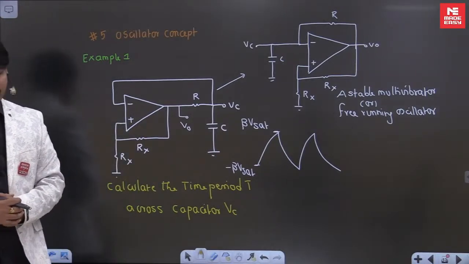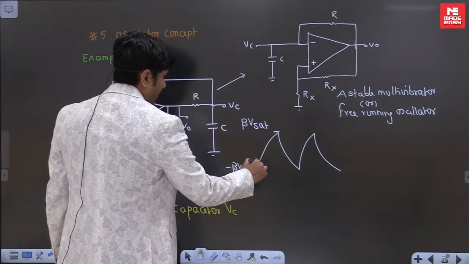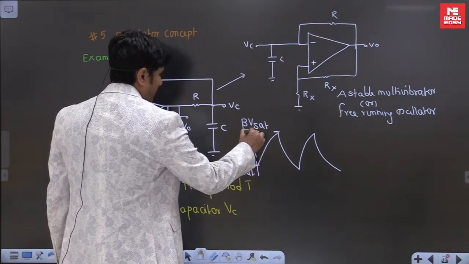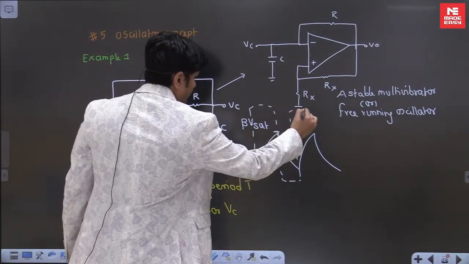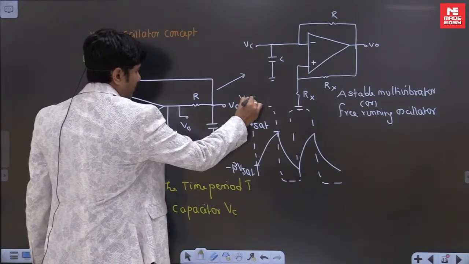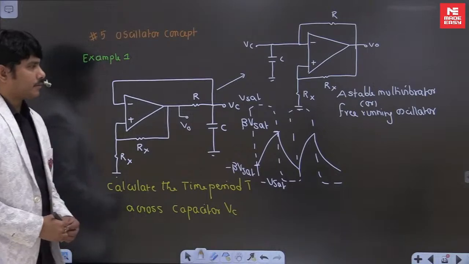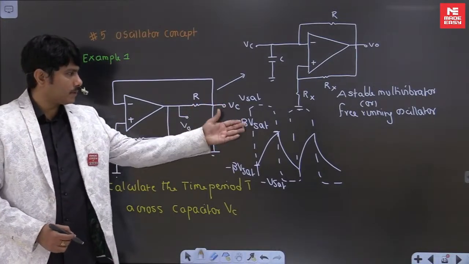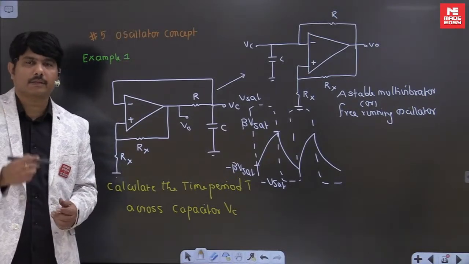Correct? If these two we have, the output across this you have the square wave coming like this. This is your square wave output, which is plus V saturation to minus V saturation. So the output response is a square wave, and the capacitor response is a charging and discharging waveform.